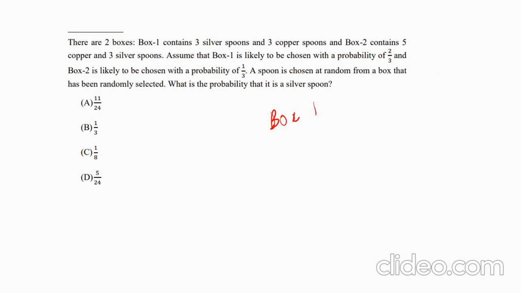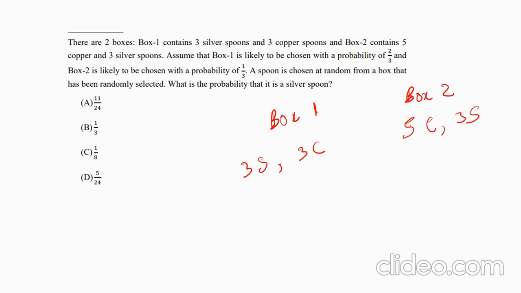What we have here is box one and box two. It is given that the first box contains three silver spoons and three copper spoons. The second box contains five copper spoons and three silver spoons.